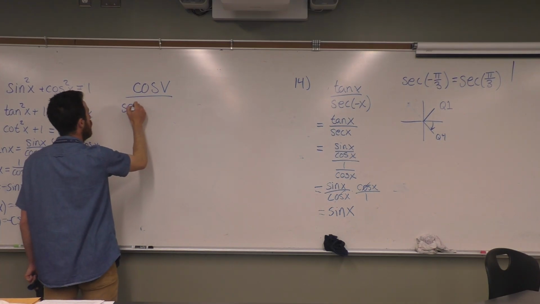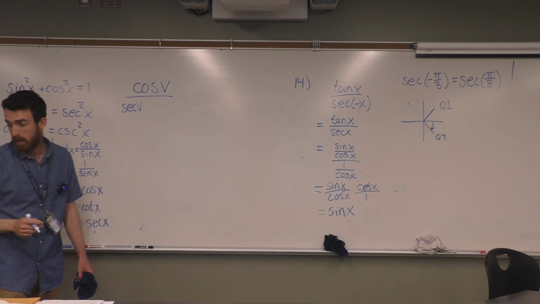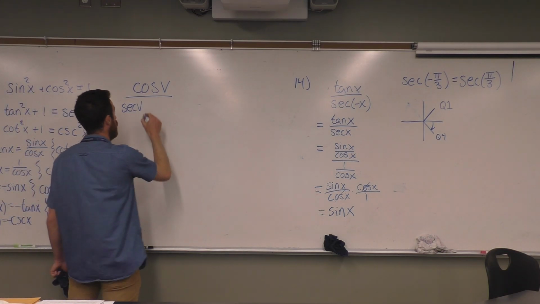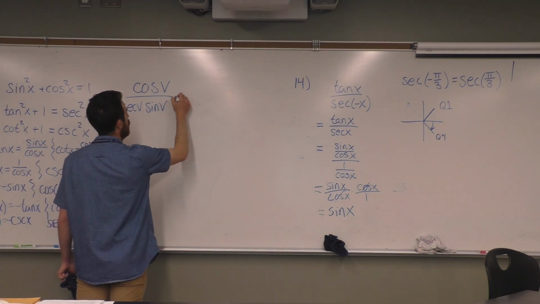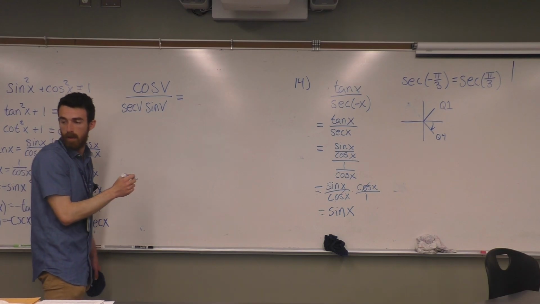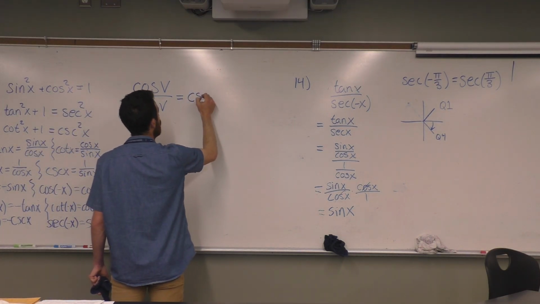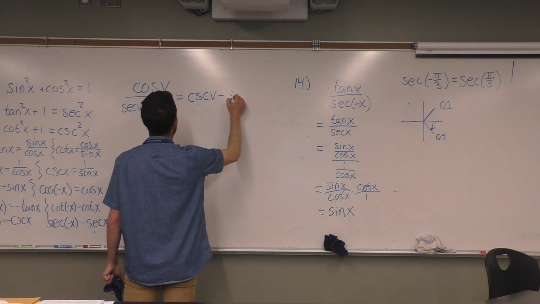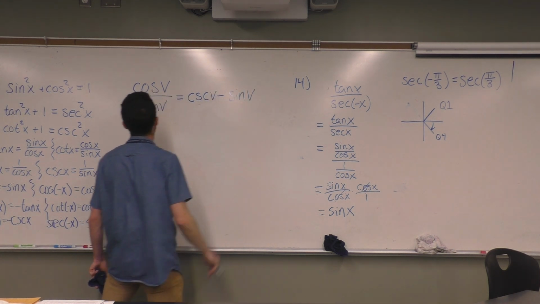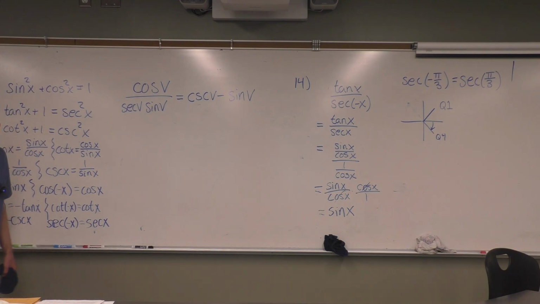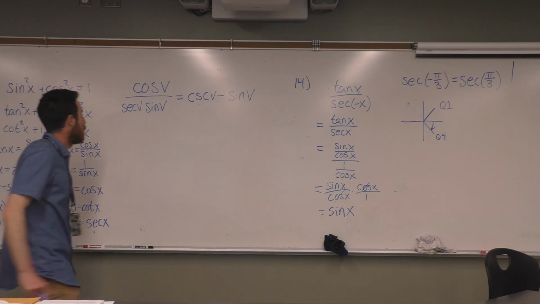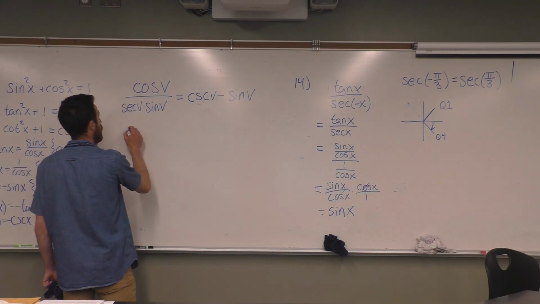Secant cosine of v over secant of v sine of v equals cosecant of v minus sine of v. I see. I think I'm going to work with the right side.